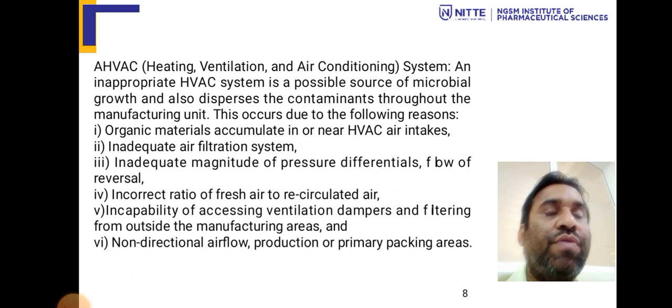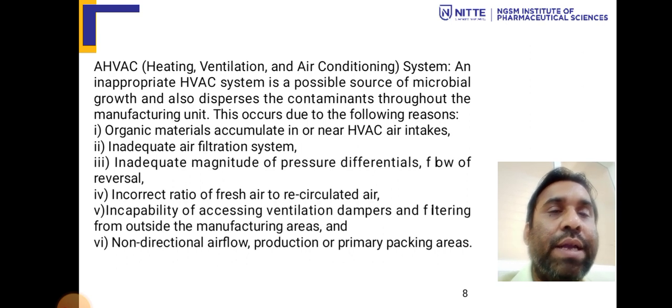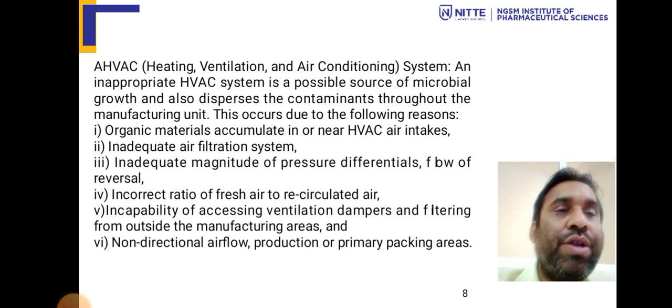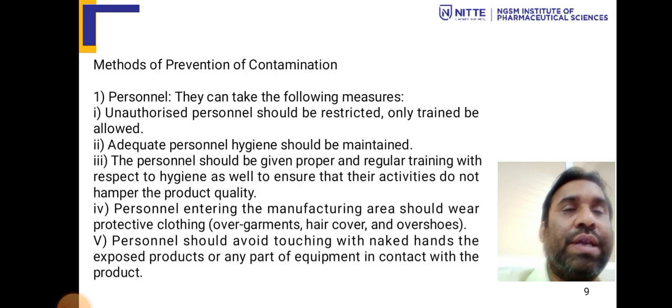This occurs due to the following reasons: organic material accumulating in or near the HVAC air intakes, inadequate filtration system, inadequate magnitude of pressure differential, flow reversal, incorrect ratio of fresh air to recirculated air, inability to access ventilation, dampers and filters from outside the manufacturing area, and non-directional airflow in production or primary packaging areas.